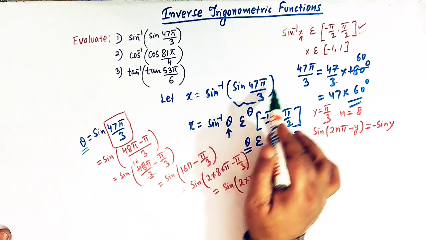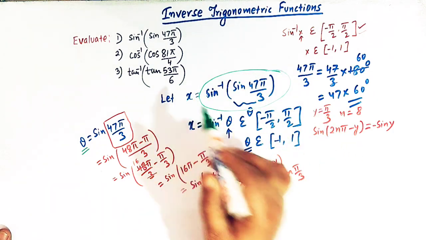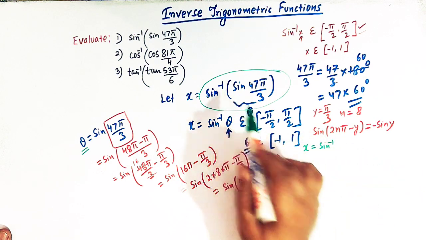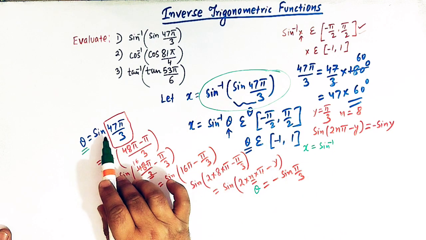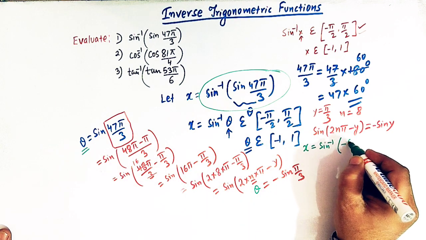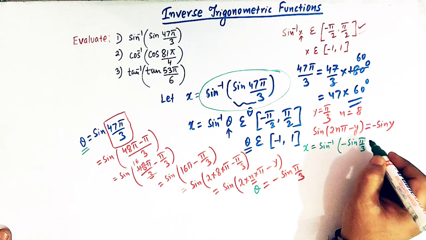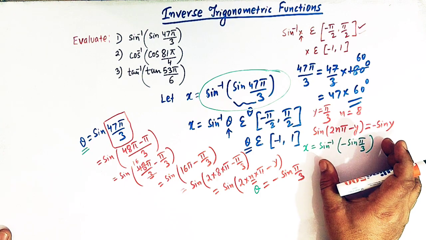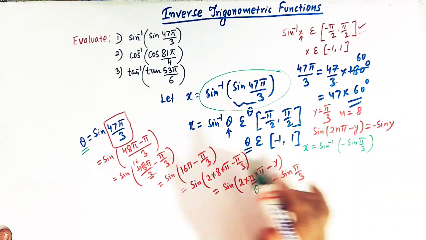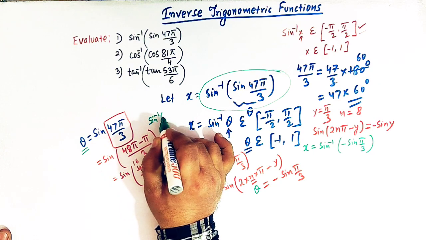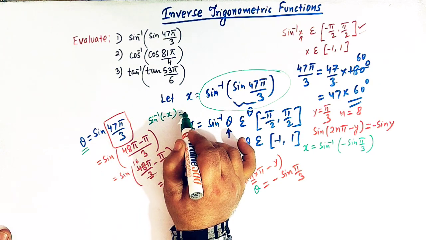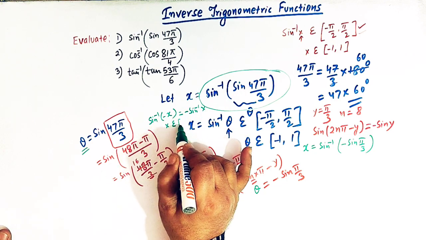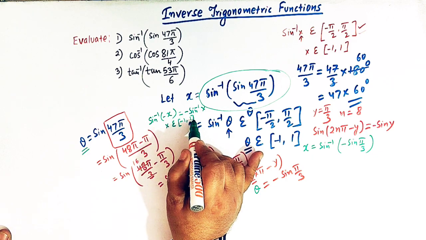Now the value of this expression x: x is sine inverse of sine 47 pi over 3, which is equal to sine inverse of minus sine pi over 3. Here I will make use of an important result: sine inverse of minus x is equal to minus sine inverse x for all x belonging to the interval minus 1 to 1.